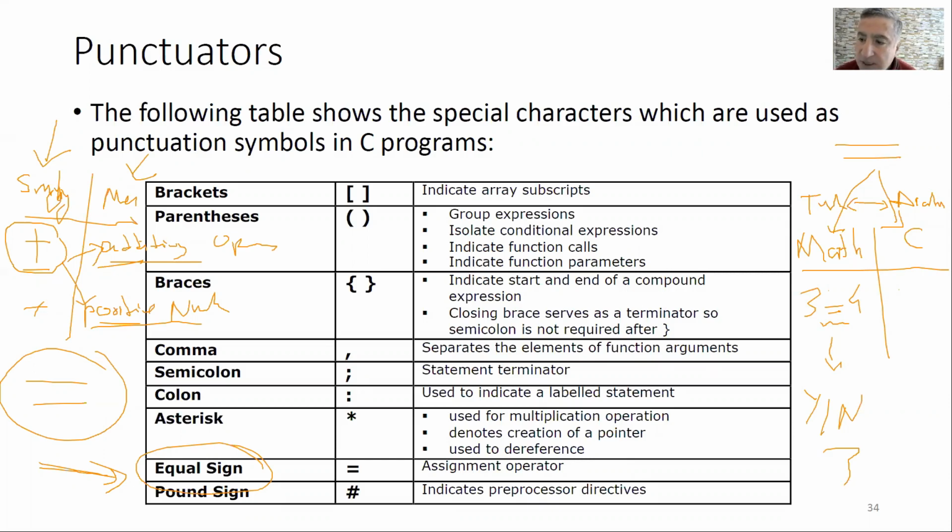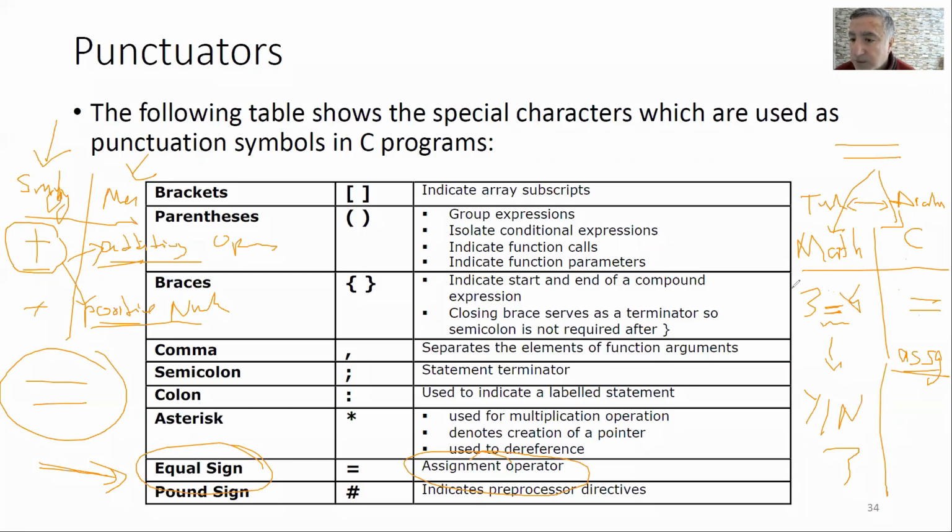But in C, it is not like that. In C, it is an assignment. The assignment operator has a totally different meaning, which I will explain in a minute. But please notice that this equal sign has a different meaning in C. We don't read this sign as equal in C; we read it as assignment. We don't say equal, we say assignment.